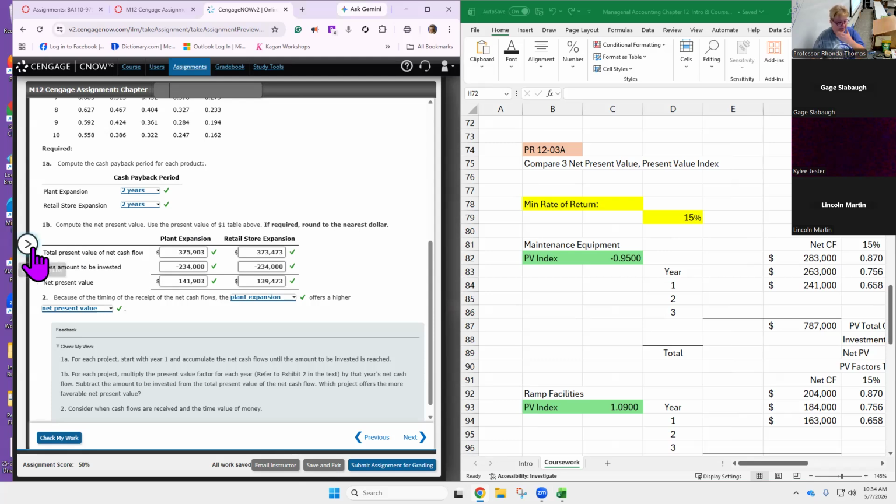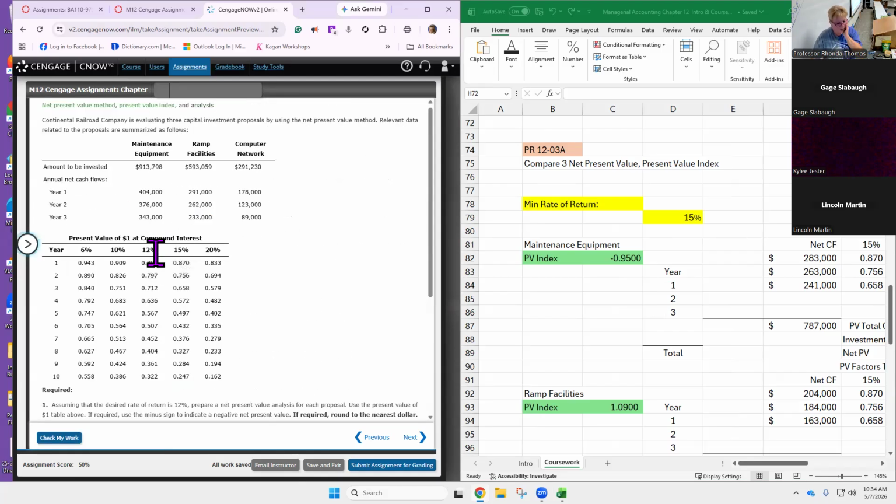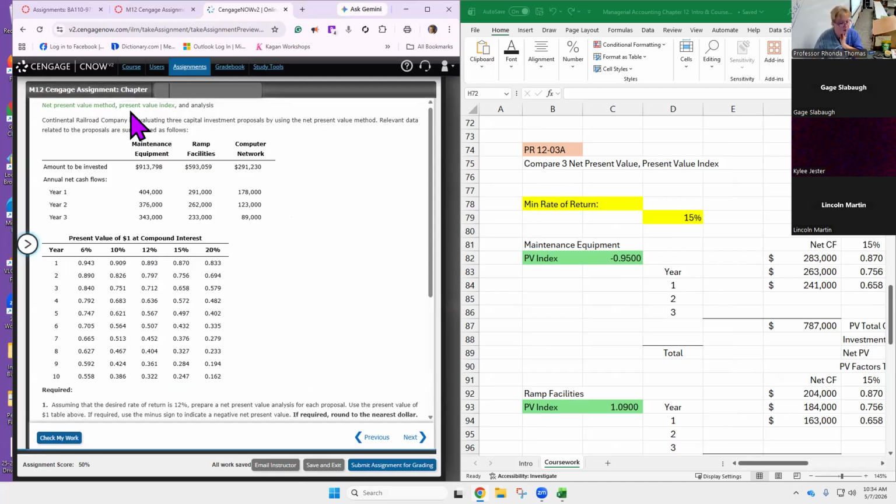Okay. So, all right. This one is going to use the net present value and one that's called the present value index. Because we're using both of those, we use present value. So we're going to follow along.